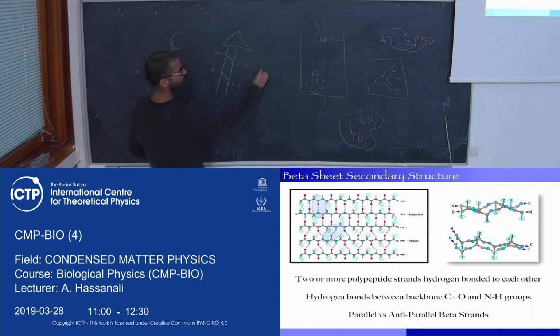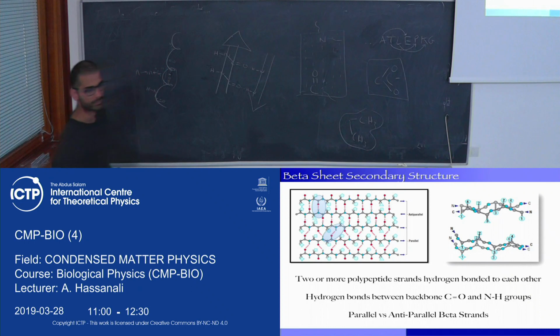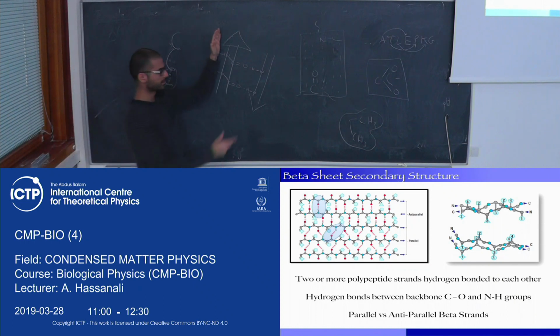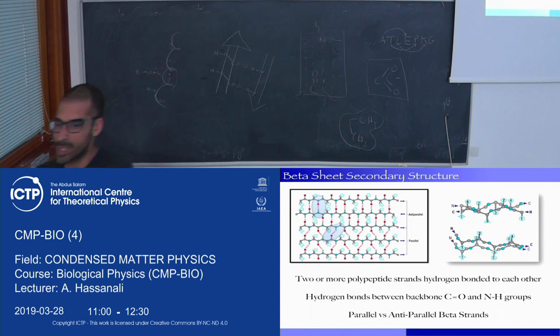Over here, what happens is you get situations where two beta sheets interact in this way. So they form like a zipper. I have a sheet and a sheet, and they can align, sort of stack on top of each other like two graphene plates.